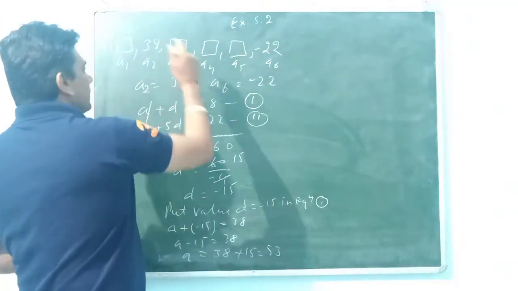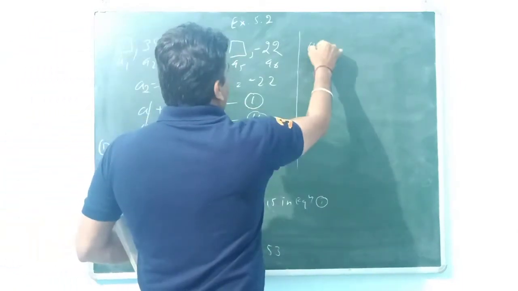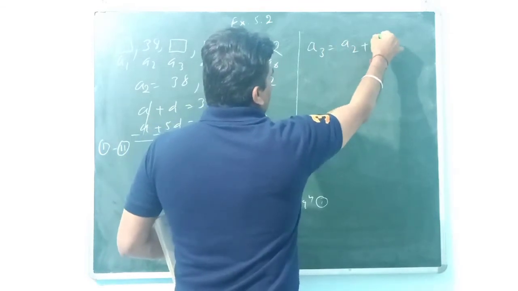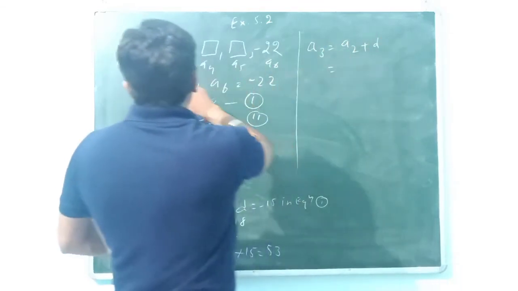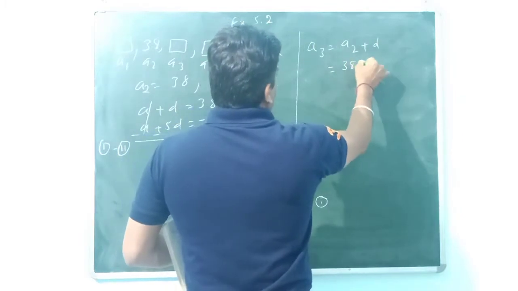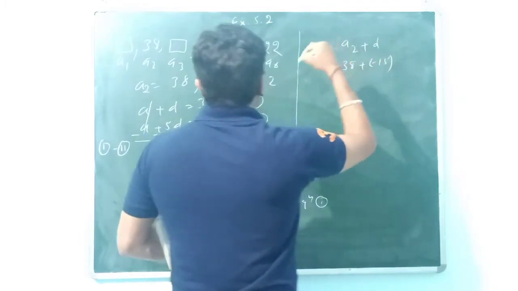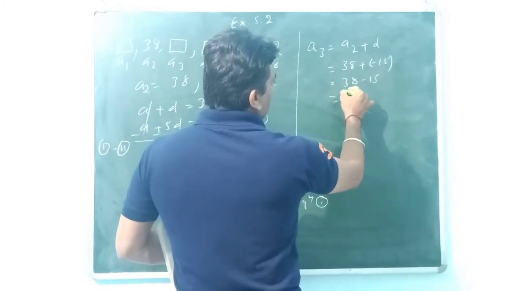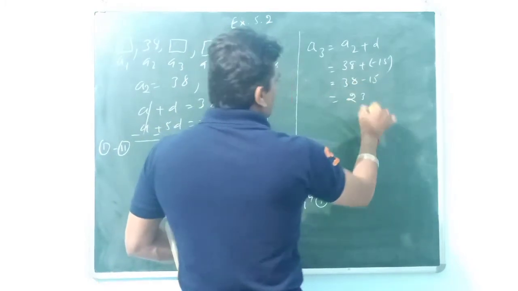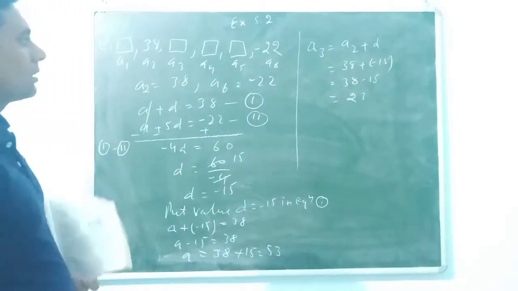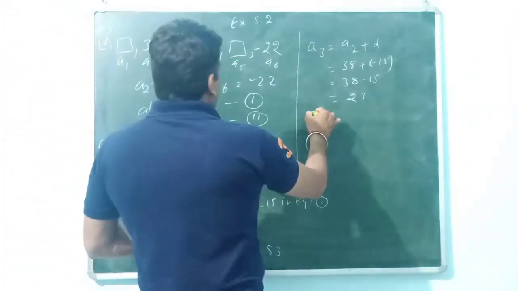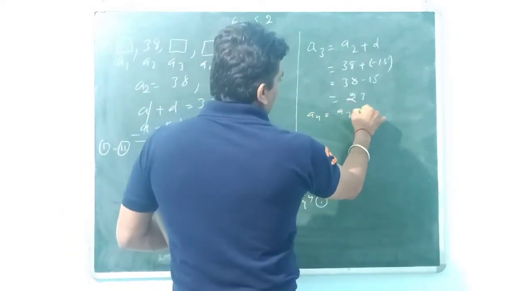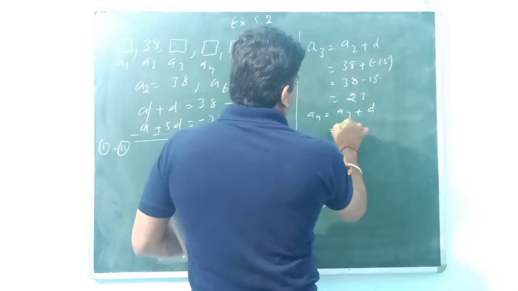Now A3. A2 plus D. What is A2? 38 plus minus 15. 38 minus 15 means 23. 38 minus 15 is 23. Again A4. A3 plus D. What is A3?